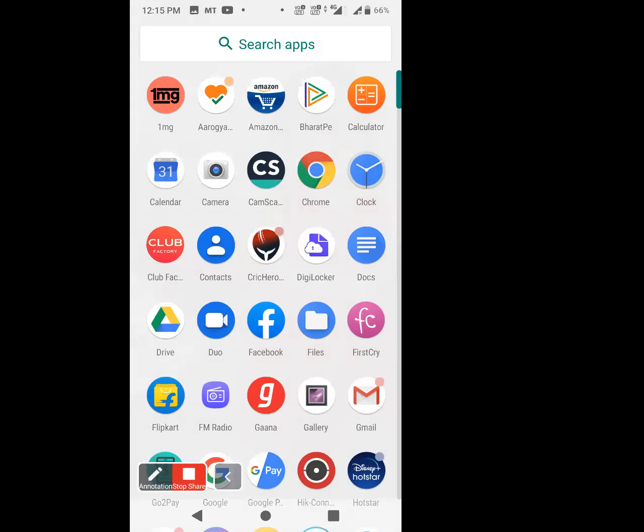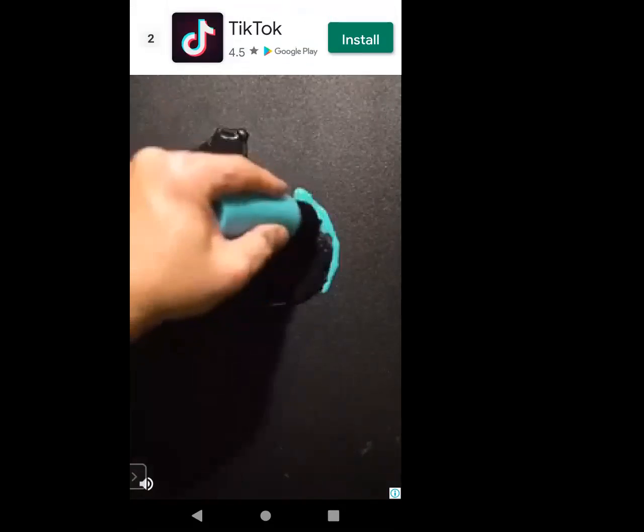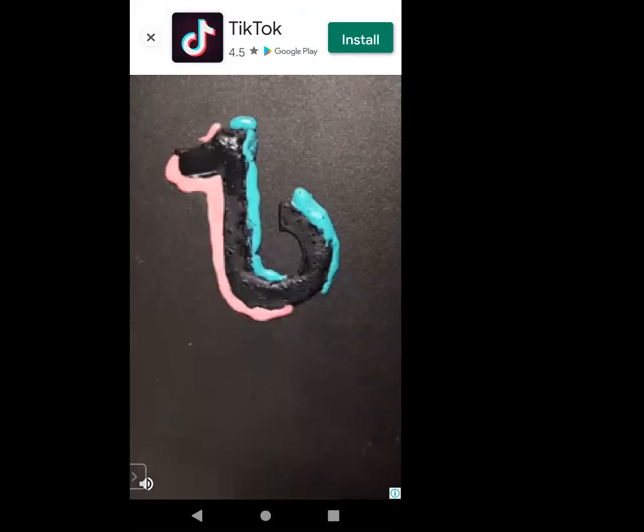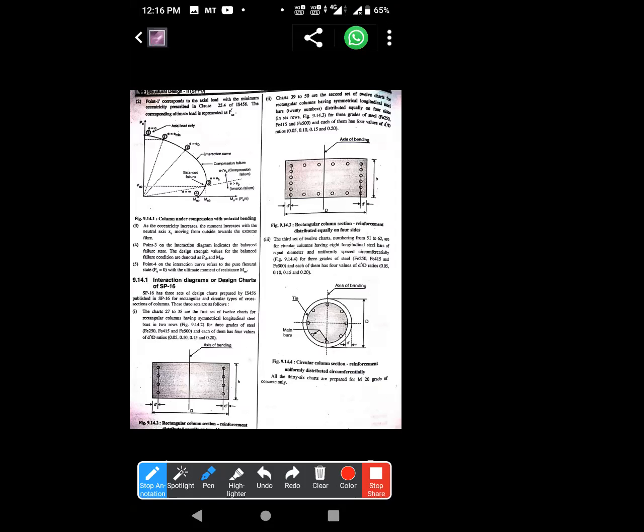This is what point number 4 says. Now you can understand the different points: point 1, point 1 dash, point 2, point 3, and point 4.